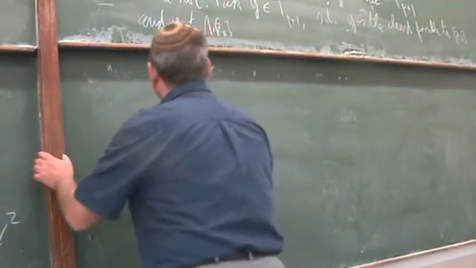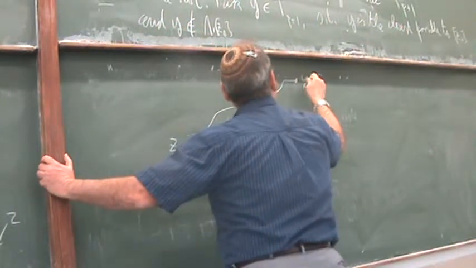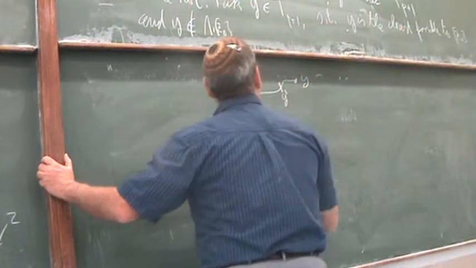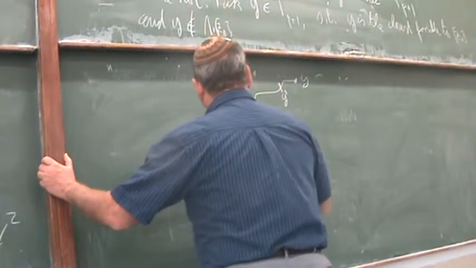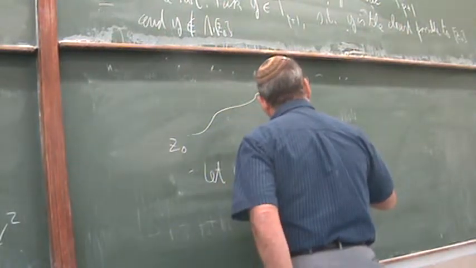So I have here z naught, and I have a path going to y. I'll take the point here and call it y prime. So let y prime be a vertex.